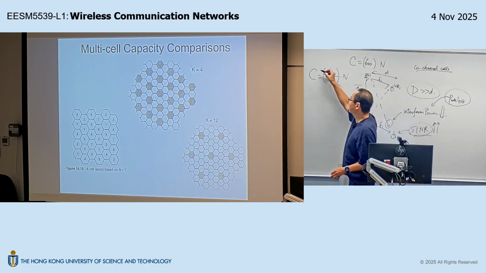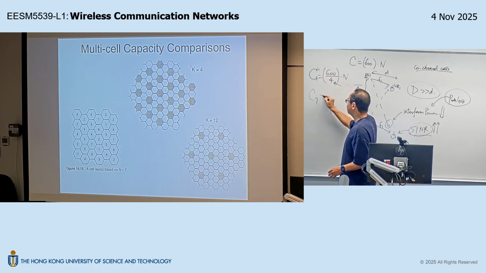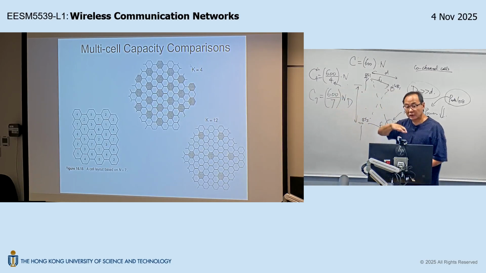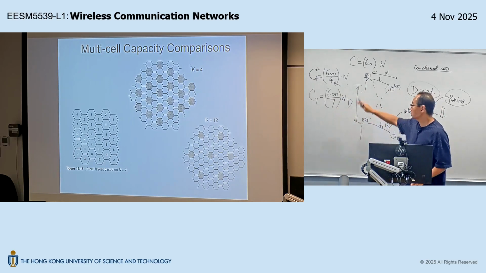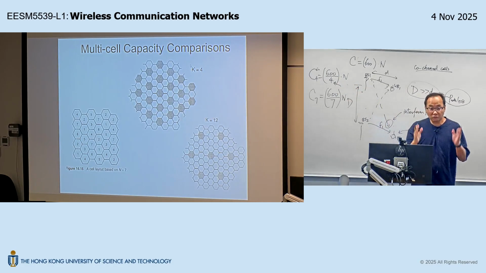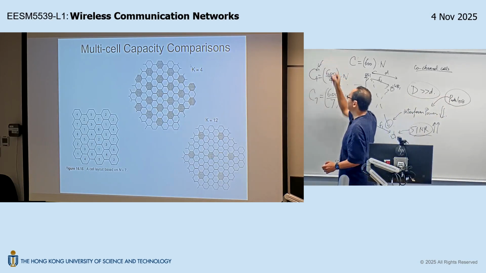So this is a reuse factor of 4. If I have a reuse factor of 7, my capacity will be 600 divided by 7 times n. So obviously, this line will have a flatter slope compared to this line. Is that okay? So from an operator's perspective, capacity scaling perspective, I would rather have this, right?